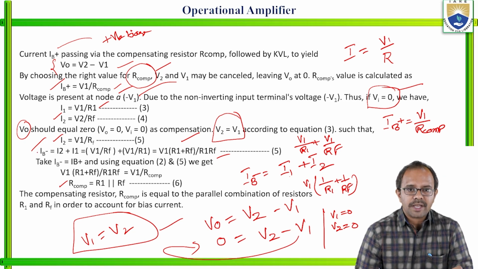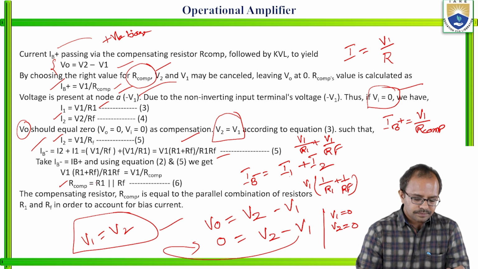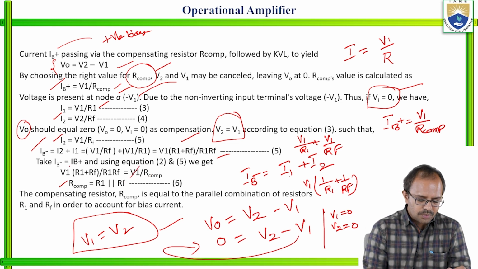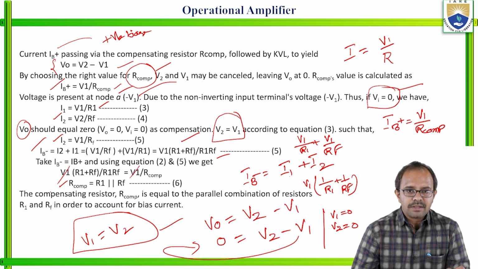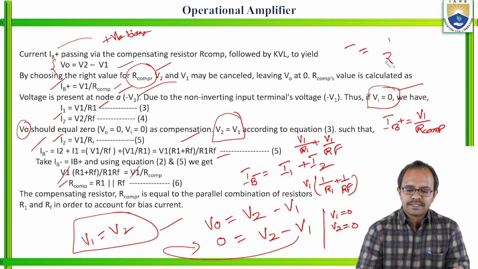What is the expression for IB minus? It is given by V1 into (R1 plus RF) by R1 into RF. And IB plus is given by V1 by the compensating resistance R. Equating these two, you can cancel out V1 and we get the expression for the compensating resistance.